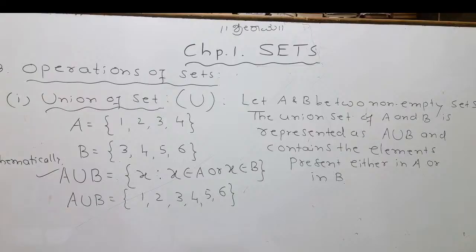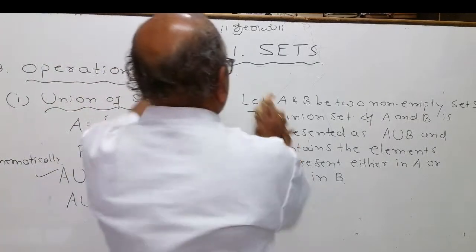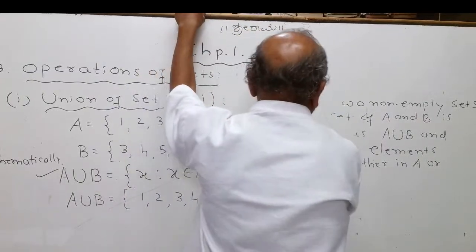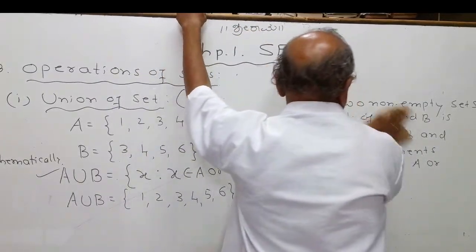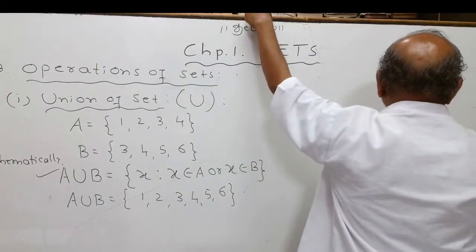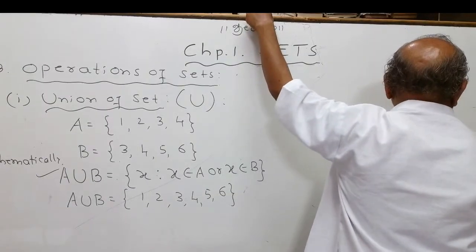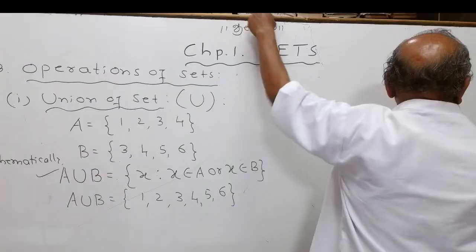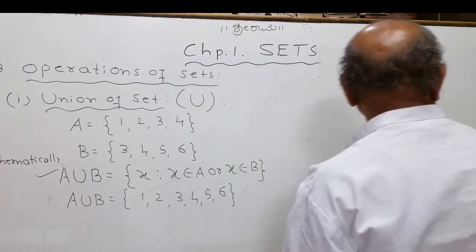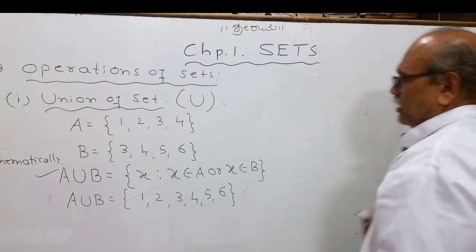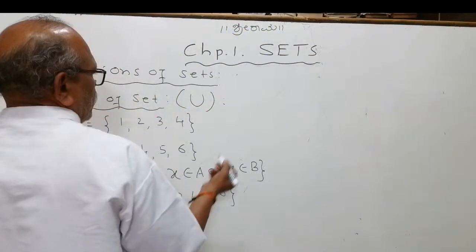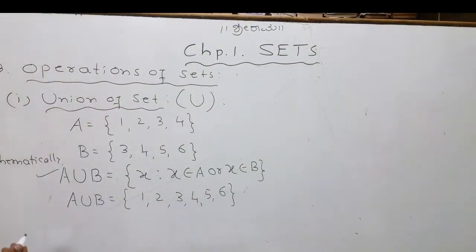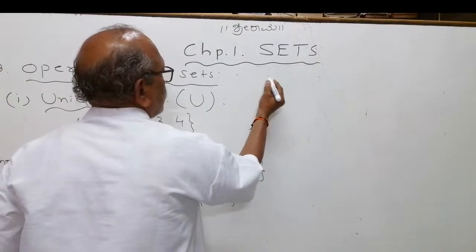You can even represent these sets by using the Venn diagram. The Venn diagram is the third method of representation of sets. I will show you the Venn diagram method today. I am experimenting in this different classroom setup.